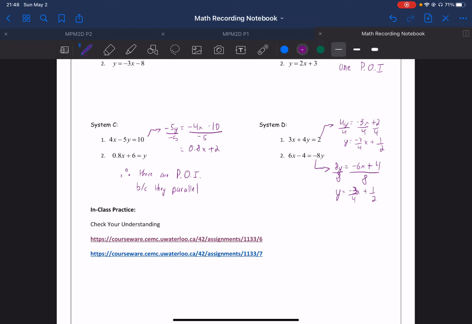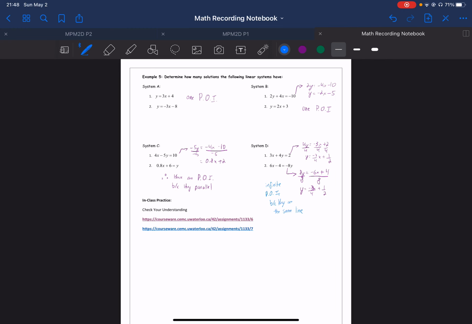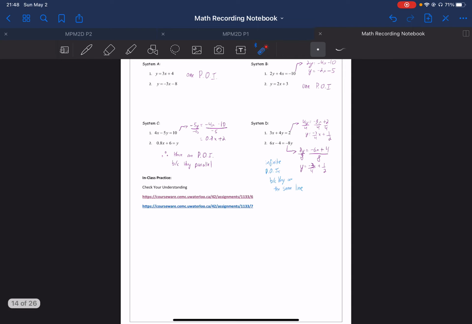So there's going to be infinite POIs because they're the same line. Same line, identical.